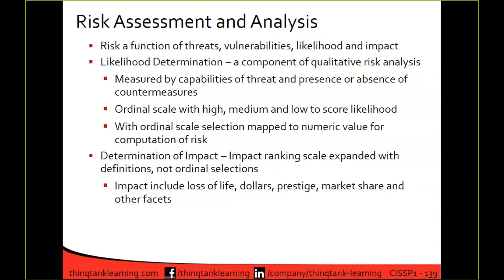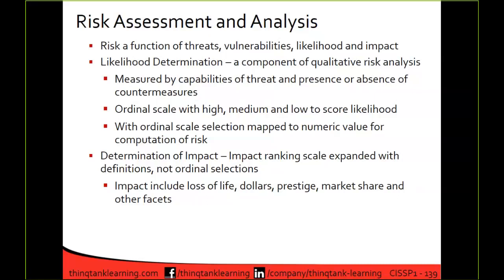So likelihood is basically just a measurement of the capability of a threat and the presence or absence of any kind of countermeasure that you would have to mitigate that particular threat. Okay? Typically, we're going to use an ordinal scale. Again, that's not defined as a requirement. You don't absolutely have to use an ordinal scale, but you might classify likelihood as high likelihood, medium likelihood, low likelihood.